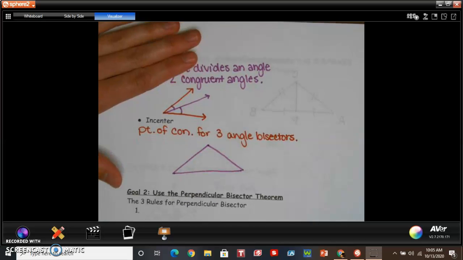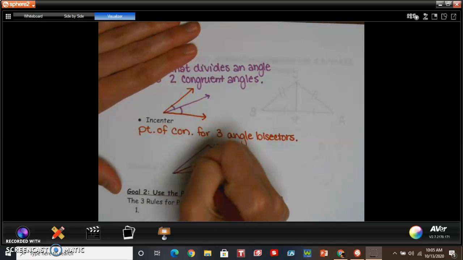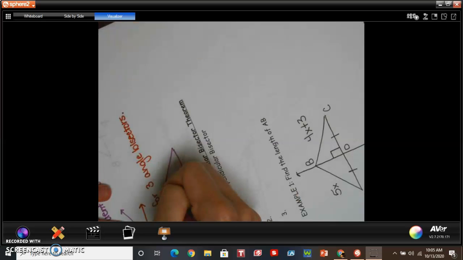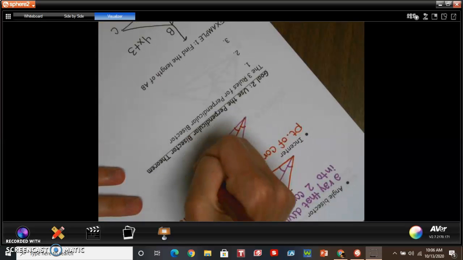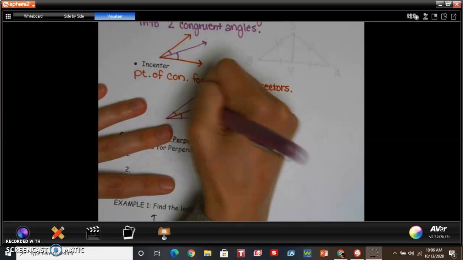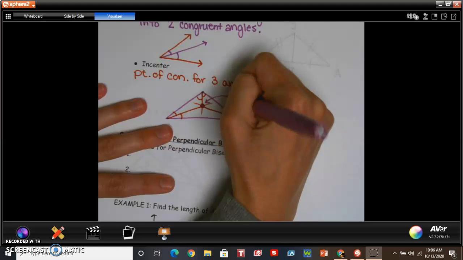Except for this time, we have three angle bisectors. There's one. There's one. There's one. Where they all intersect, this is considered your incenter.